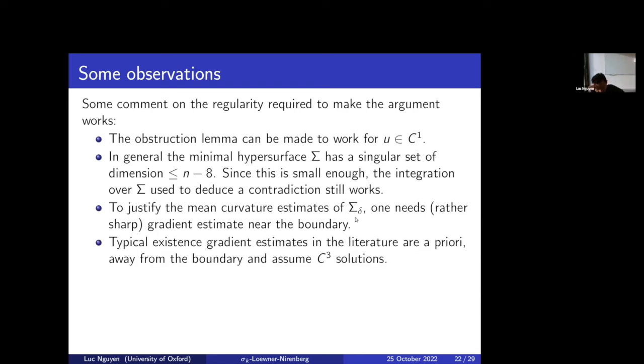And at this point here, we run into a philosophical difficulty, because if we look at all the available work on gradient estimates in the literature, all of them are a priori, and we assume as a starting point that the solution is at least C3. Whereas here, in our context, we only know that it is Lipschitz. We don't have more derivatives to differentiate the equation to do the Bernstein method.